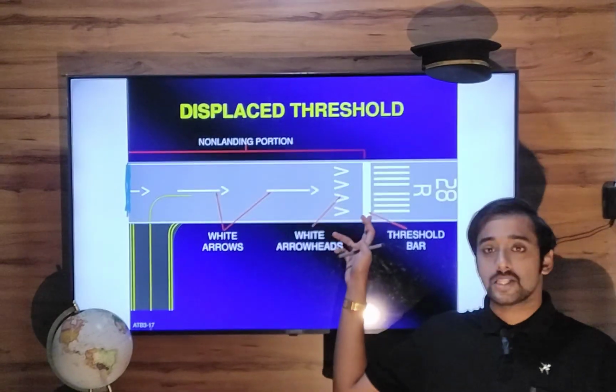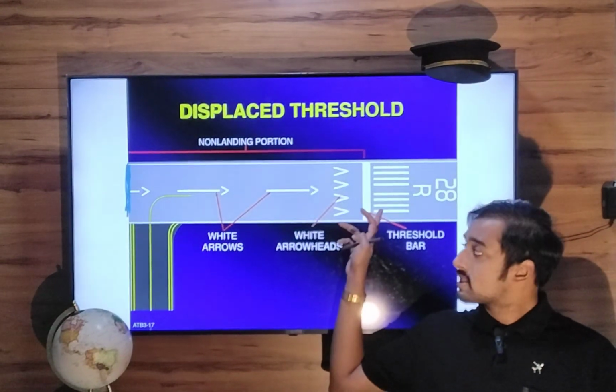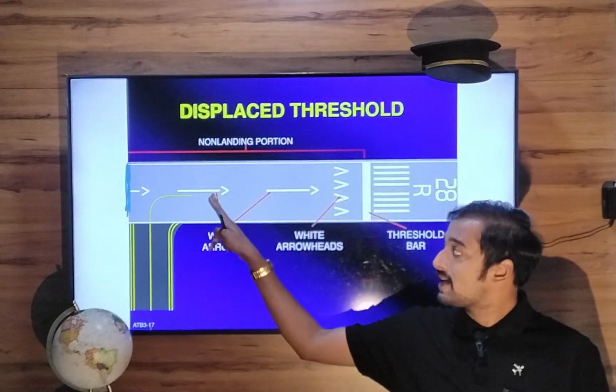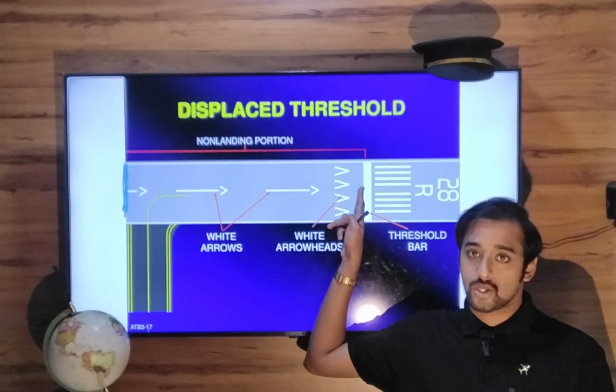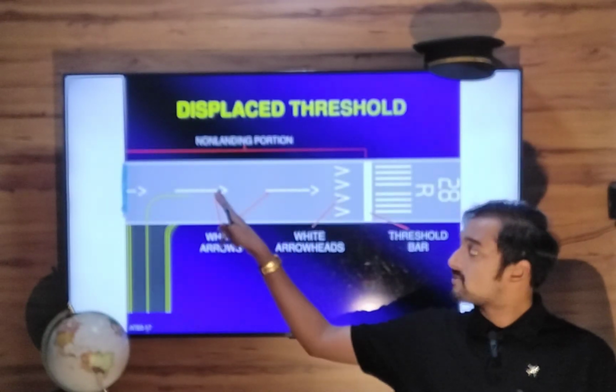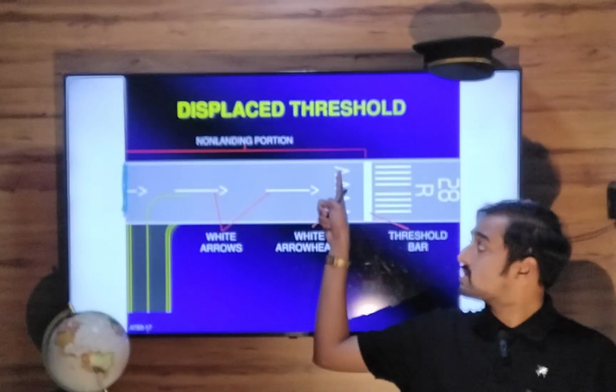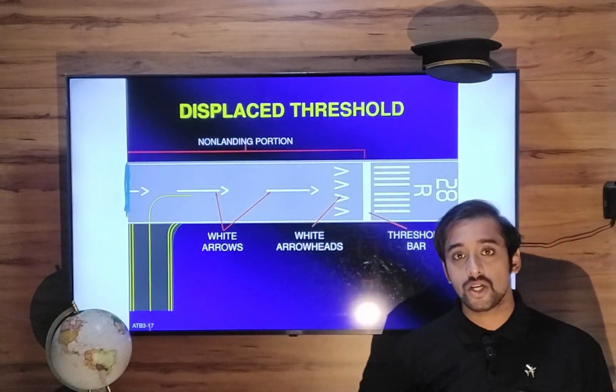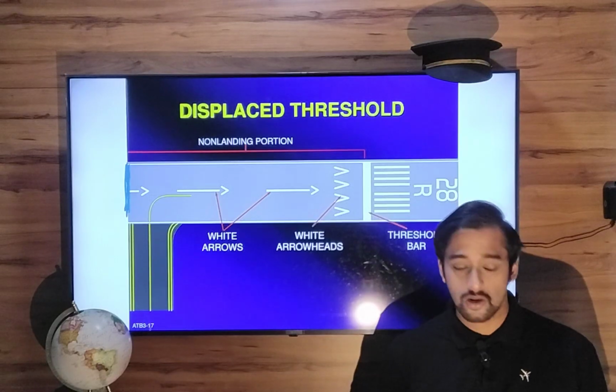We call it the displaced threshold, and it is indicated by white arrows leading to that threshold. The center line of this runway portion is converted into white arrows, a row of 4 arrows which are always pointing towards the displaced threshold.